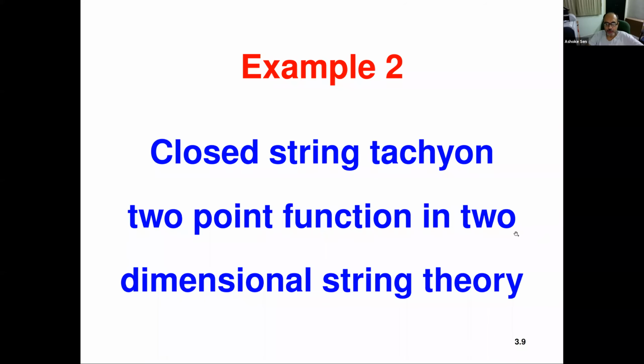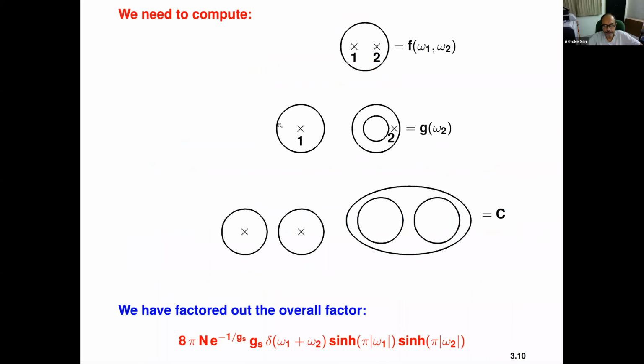Okay. So let me go now to the 2-point function of closed strings. I had discussed this in the first lecture, but let me remind you what we are after. We are in 2-dimensional string theory, where the closed string tachyon is not tachyonic, it's a massless field.